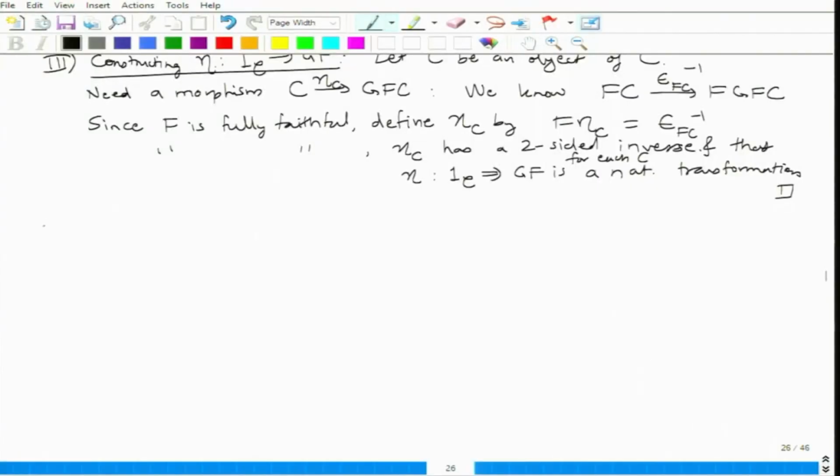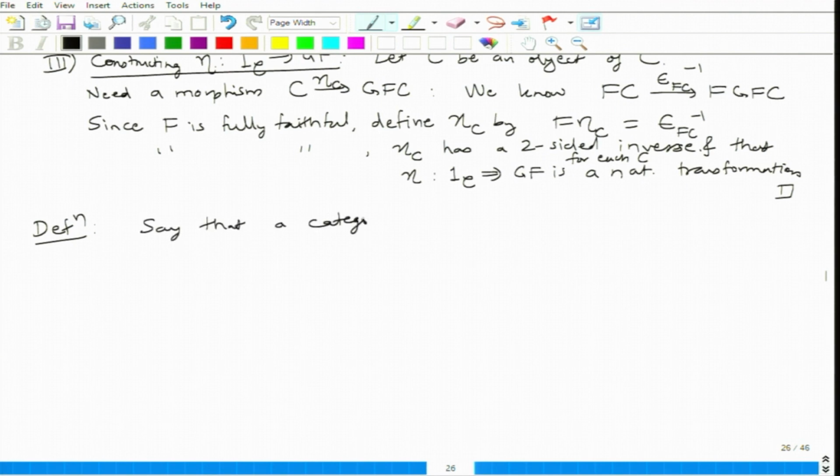So we are talking about isomorphism classes of objects, right? So let's make those things precise. Some definitions here.